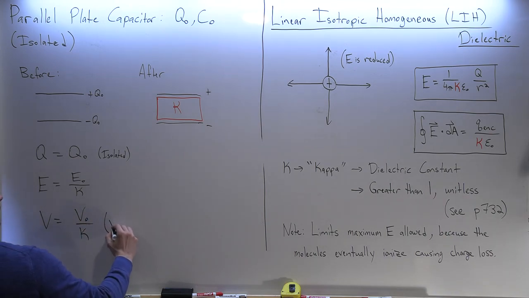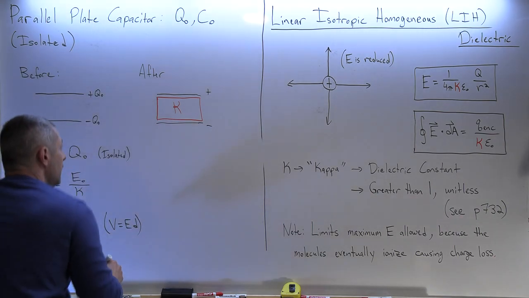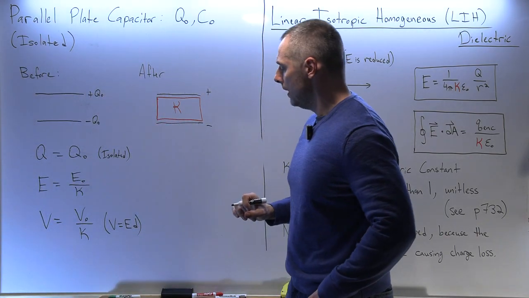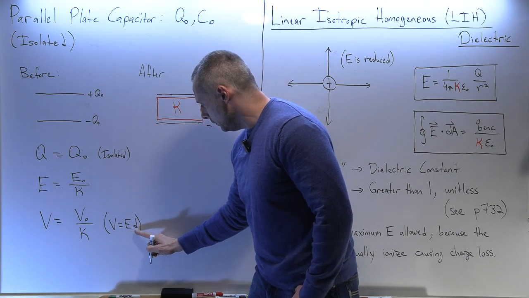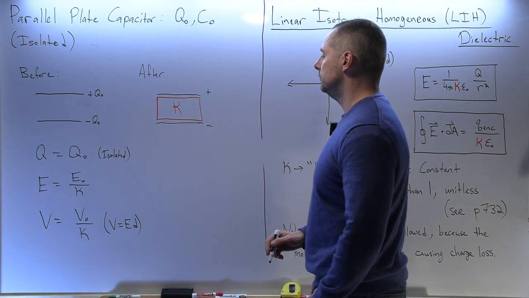Why? Remember, V equals ED. And so we have the same distance here, but with less electric field, with the same distance, we're going to have less voltage. Okay?